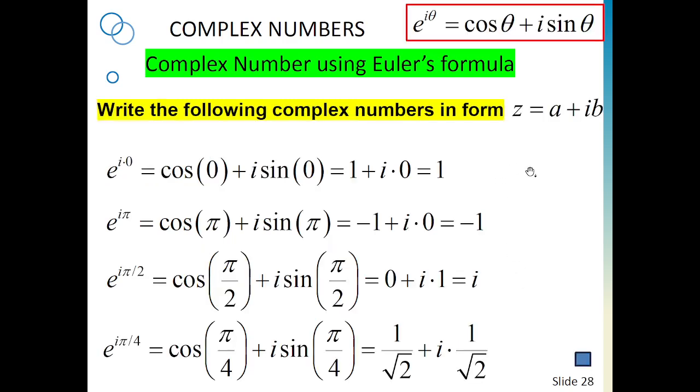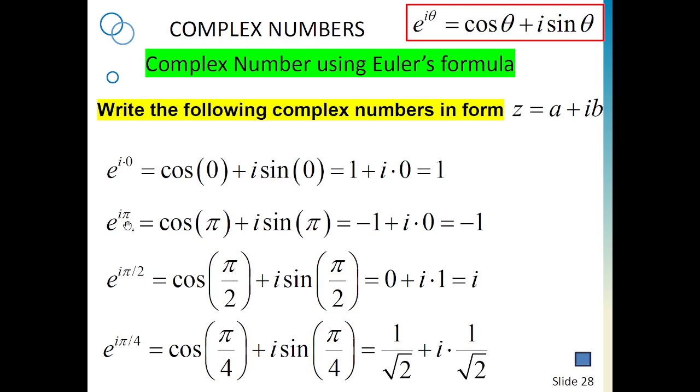So that means that we can write one complex number in any one of these three ways. Let's say I'm given e to the power i times 0, and I write that as a complex number in standard form. Here the angle is 0, so we have cosine 0 plus i sine 0. Simple application of Euler's formula. Cosine 0 is 1, sine 0 is 0, so we get 1.